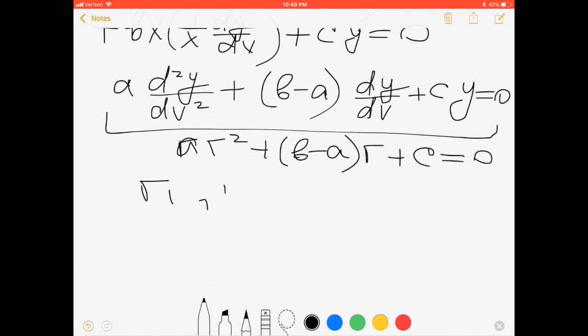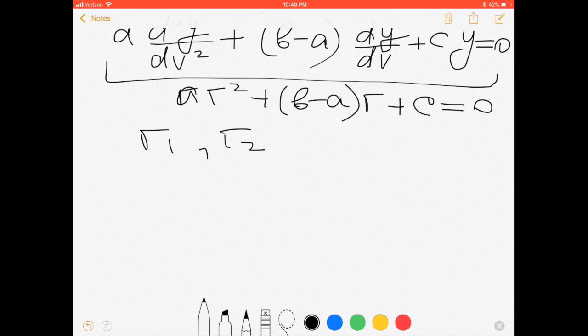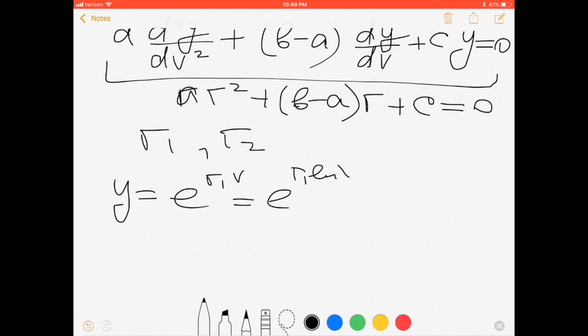If you have r1 and r2, two real numbers, what do you have? The first solution will be e to the r1 v, but e to the r1 ln x means x to the power r1.